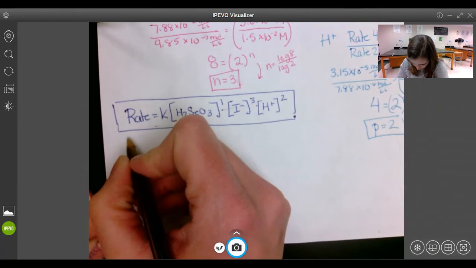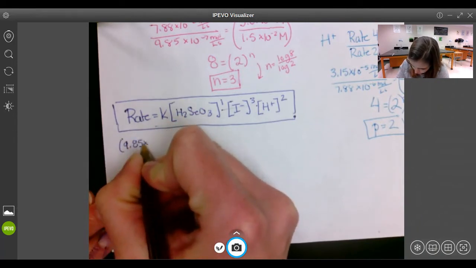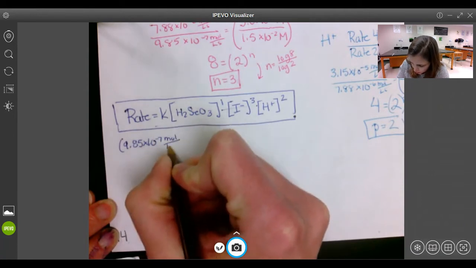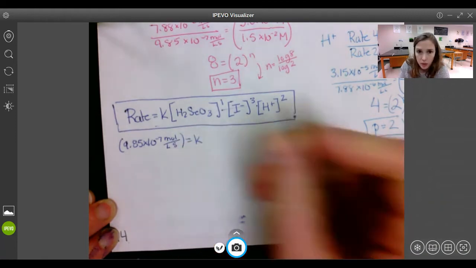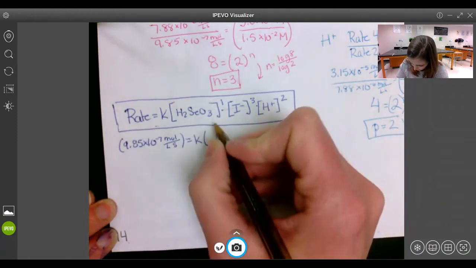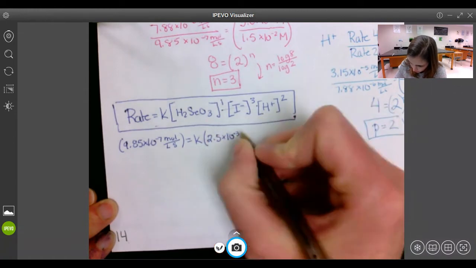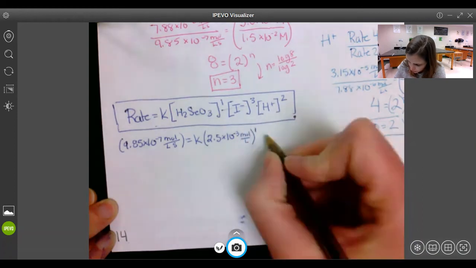So the rate for my first reaction is 9.85 times 10 to the negative 7th, and that's going to be my mole over liter per second. And that's going to be equal to K, which is what we're looking for. And then we have our concentration, which is 2.5 times 10 to the negative third. I'm going to actually write this out as moles per liter instead of molar here, raised to the first.